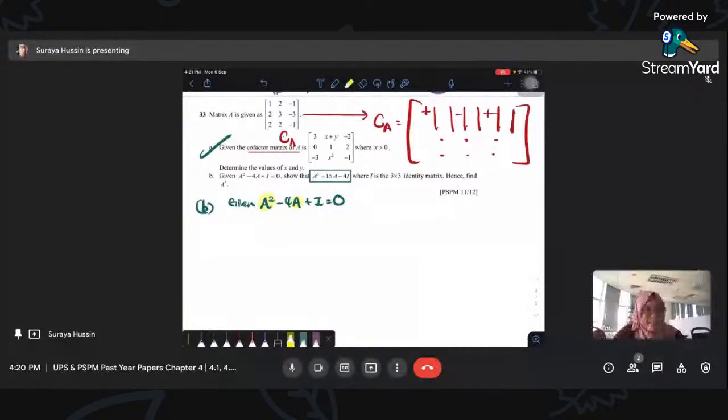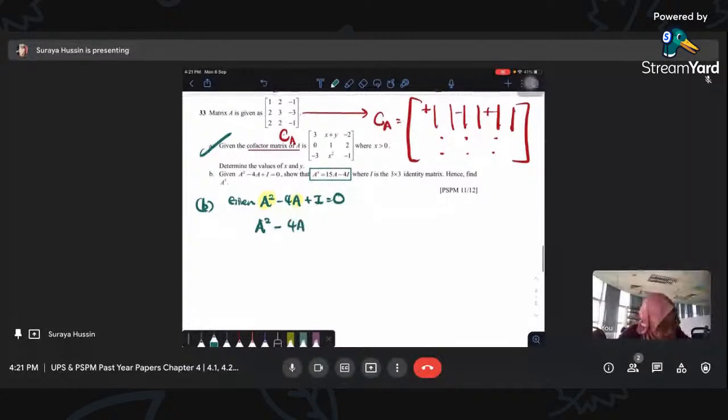That's all. So A squared minus 4A. So I prefer to put A dekat belakang lah, sebab nanti senang. Plus, tengok saya tengah bagi ruang nak letak A tu dekat mana. So my A is at the back lah. Depan pun boleh, tapi saya pilih belakang. Okay. A at the back for every term.